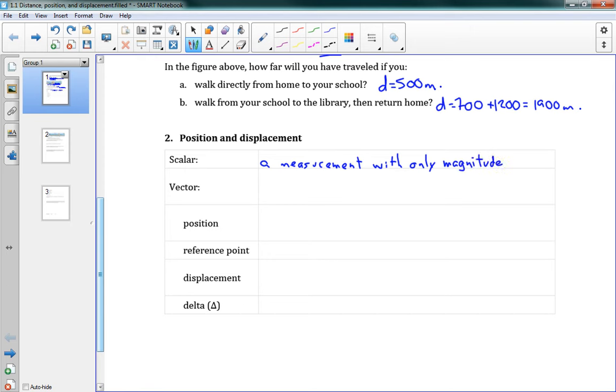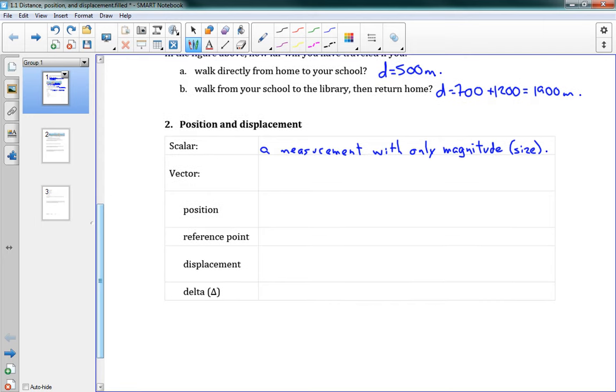And magnitude is sort of another word for size. So distance, which we looked at above, distance is a scalar measure. It only has a magnitude. And by only it has a magnitude, I mean it doesn't have a direction. And that's the difference between that and vectors.